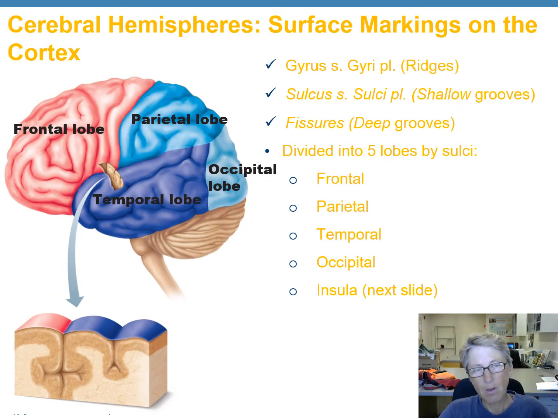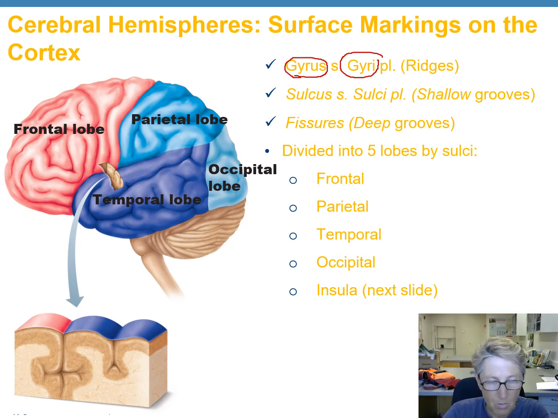Now we'll give the surface markings on the cerebral cortex. You have these structures called gyrus, that's singular, and gyri is plural, and those are the ridges.